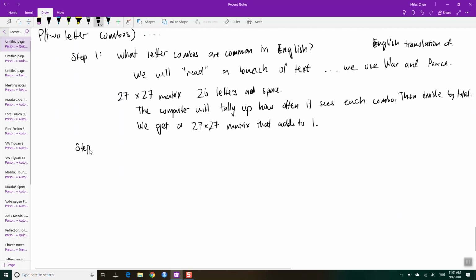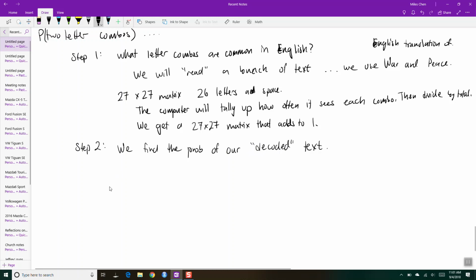And then step 2 is we find the probability of our decoded text.